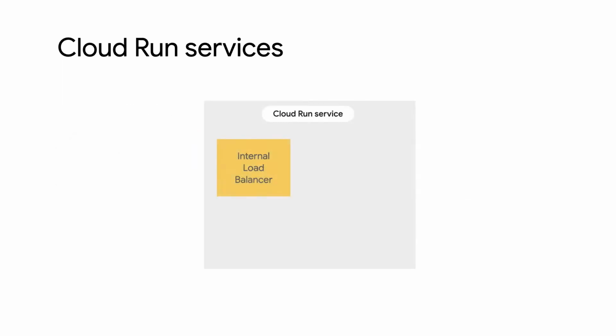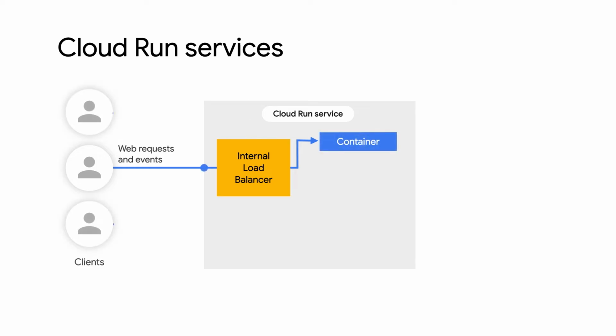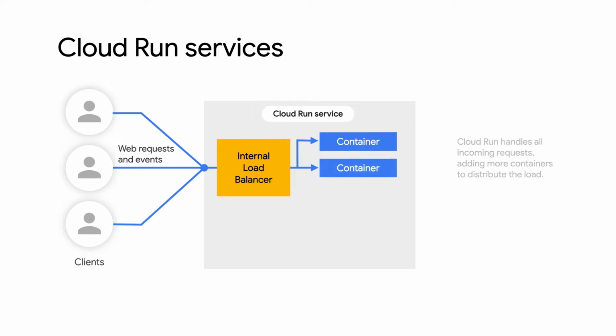Let's talk about another key thing that Cloud Run services handle for you: autoscaling. Cloud Run automatically increases capacity when necessary to make sure it handles all incoming requests. Every service has an internal load balancer, and this load balancer distributes requests over the group of available containers.